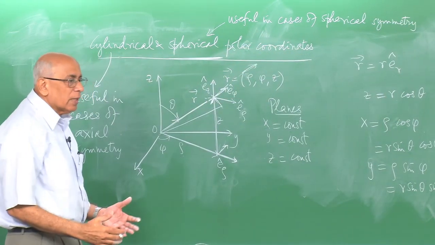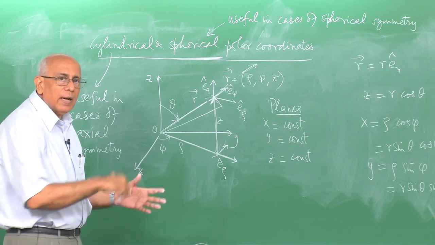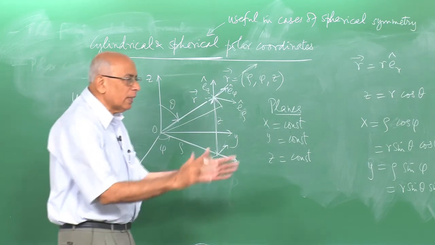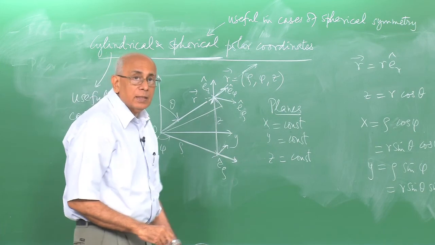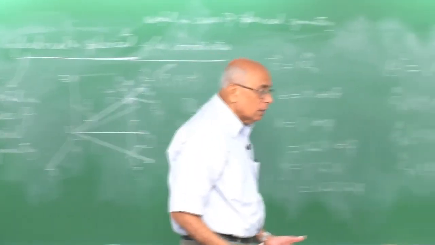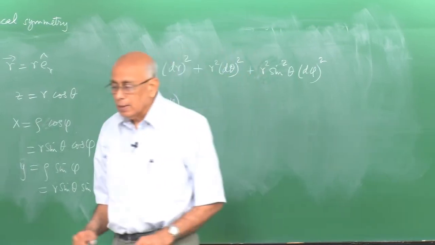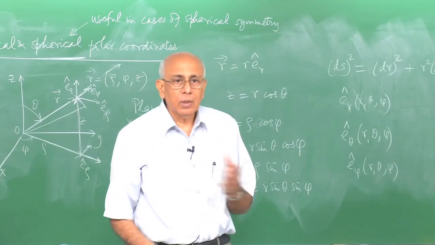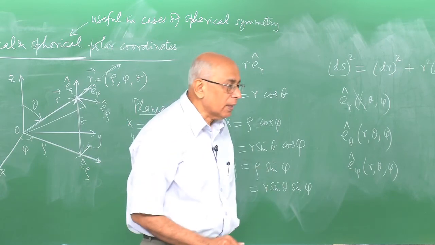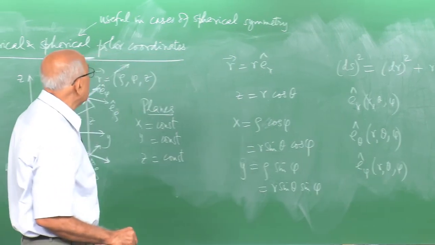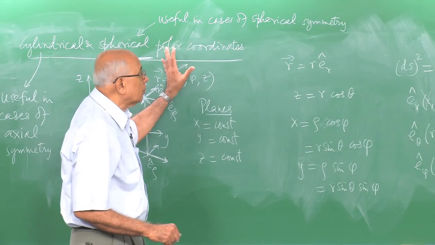Where you have something which does not depend on the polar angle or the azimuthal angle, but only on the radial distance from the origin, such as the inverse square law of force. This force depends only on the distance from the origin, in magnitude at least. It does not depend on which direction you are in with respect to the center of attraction or repulsion, and then it's very useful in such cases to use spherical polar coordinates.